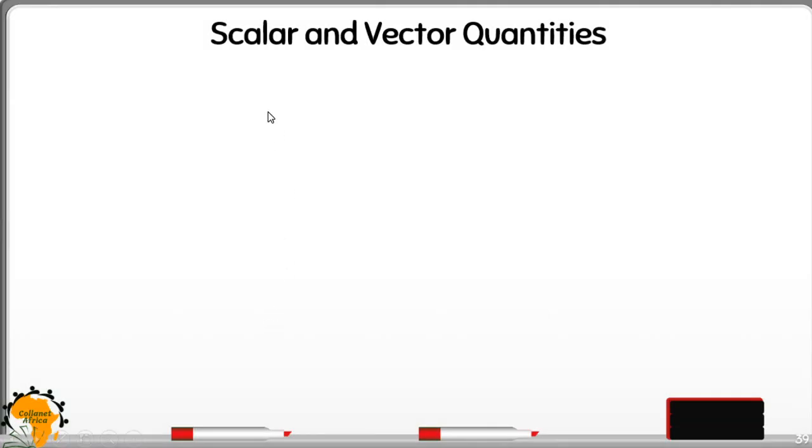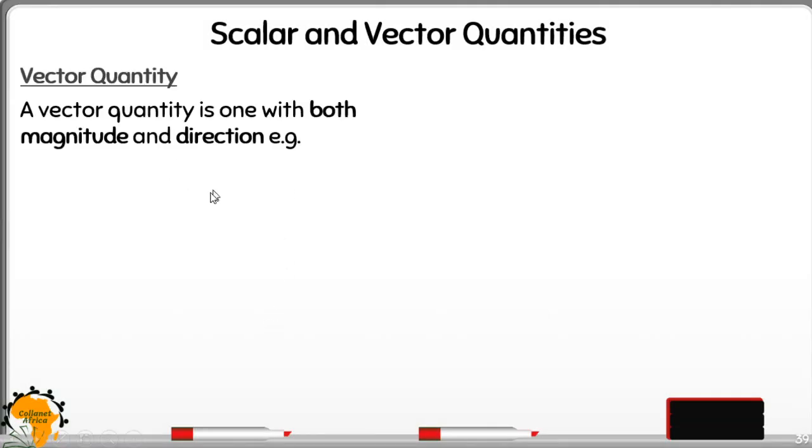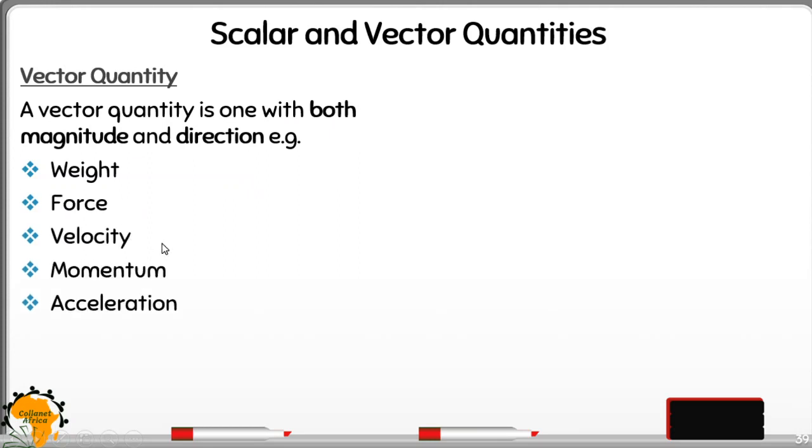Then we move to scalar and vector quantities. We start by defining. A vector quantity is defined as a quantity that is well described using magnitude and direction. Or in other words, we say that it is a quantity that has both magnitude and direction. And we have examples: weight, force, velocity, momentum, acceleration, displacement.